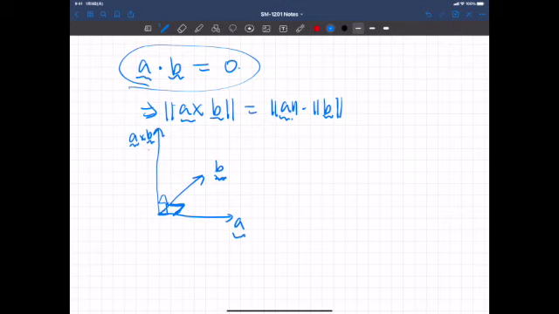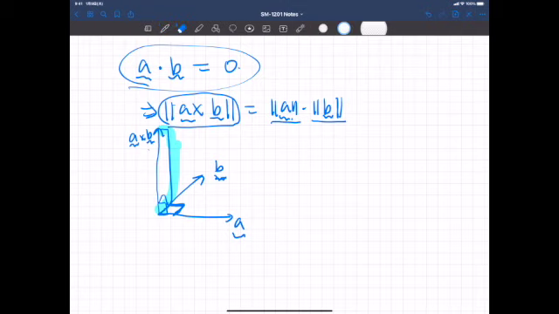That's the property of the cross product. Then this lemma says the length of this vector is equal to the length of A times the length of B. So what does it mean?